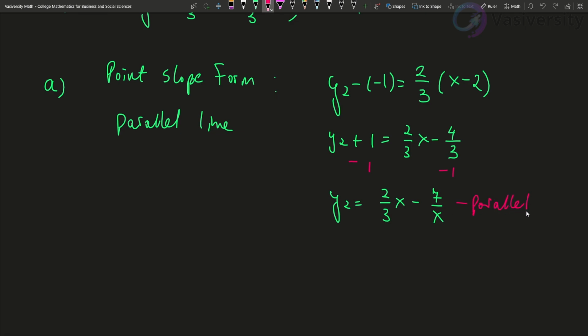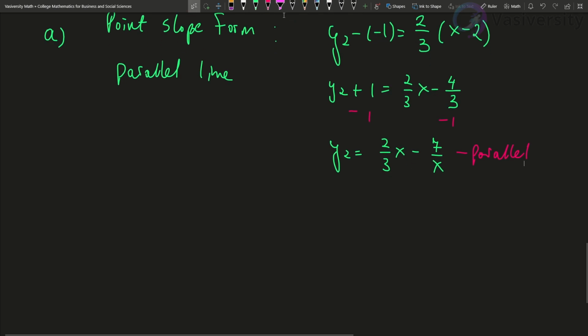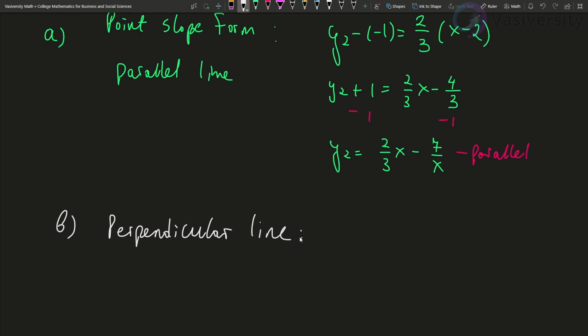Okay, and now let's find the perpendicular line. I'm going to use a different color for this. Let's say part B. We're looking for the perpendicular line, once again at the same point, (2, negative 1). Remember, for a perpendicular line, we have to have that m1 times m2 is equal to negative 1.